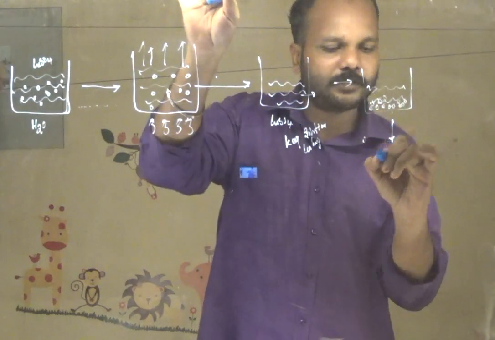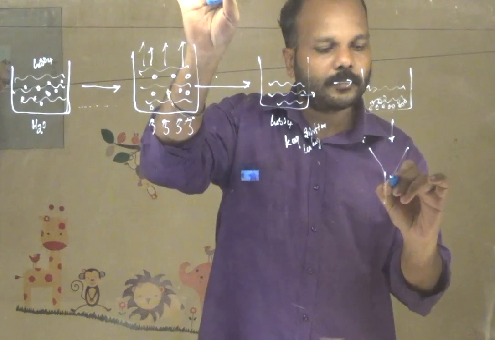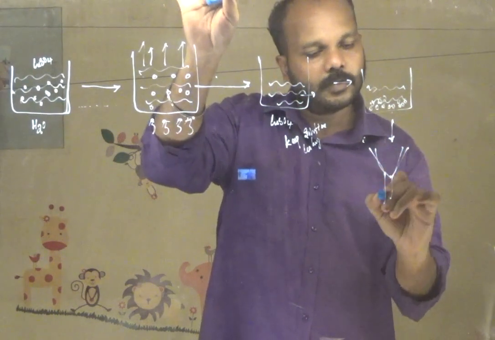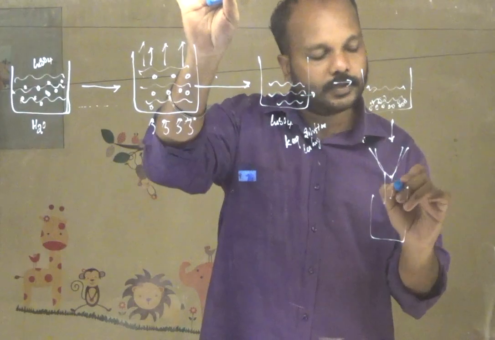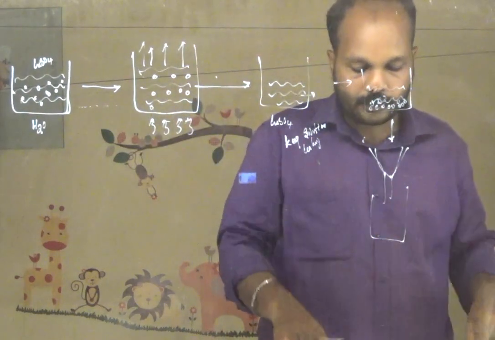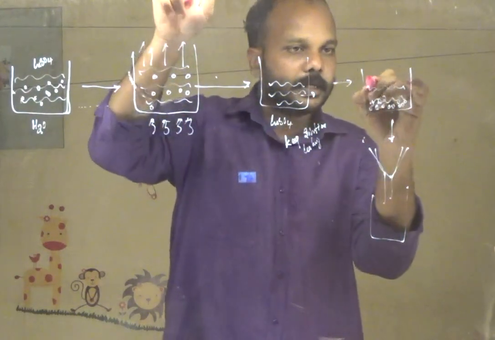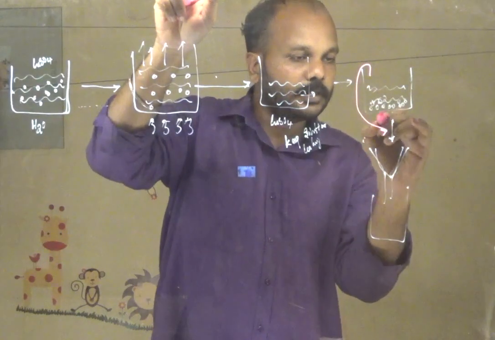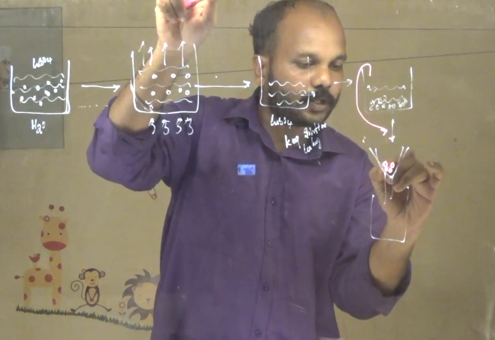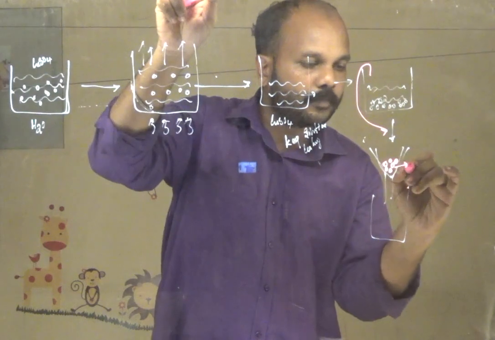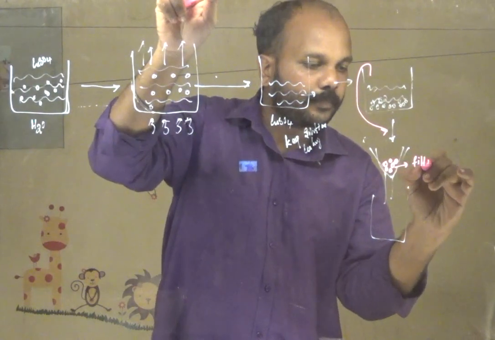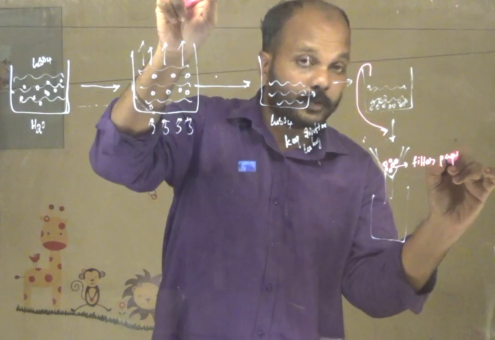The next step is you pour this solution, and the copper sulfate is dropped onto the filter paper. You can go with the filtration.